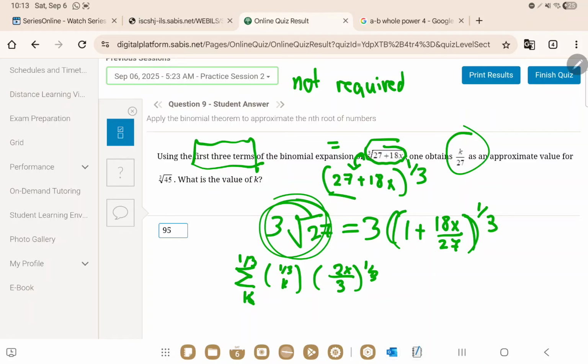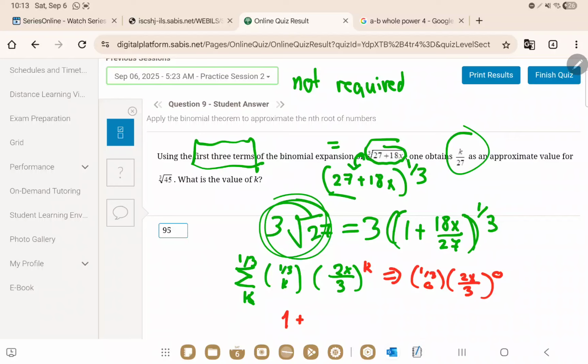Let me change the color. Okay. So you have 1/3 combination 0 into 2x over 3. This is k. I don't know why I put third. Power 0. This is all equal to 1 so far.